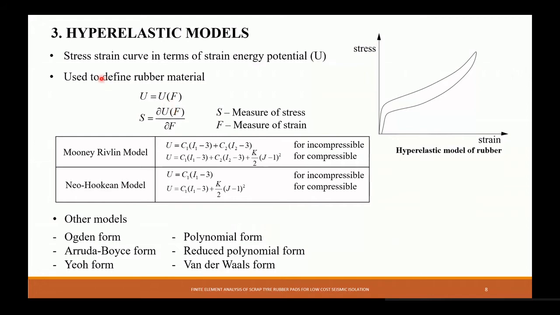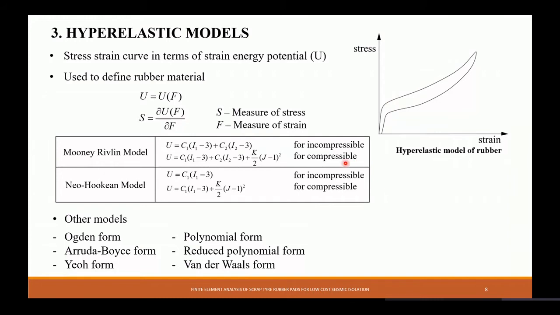Now, one of the major challenges in finite element modeling is to get appropriate material models that would be included in your finite element model. Now, rubber, as you might know, cannot be modeled as an elastic material. Rubber shows hyperelastic behavior depending upon the strain level.